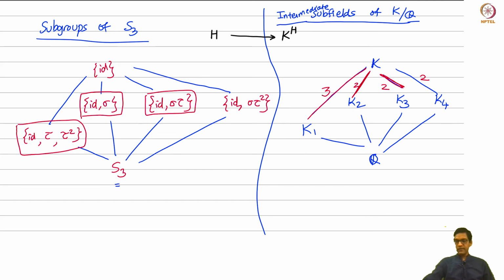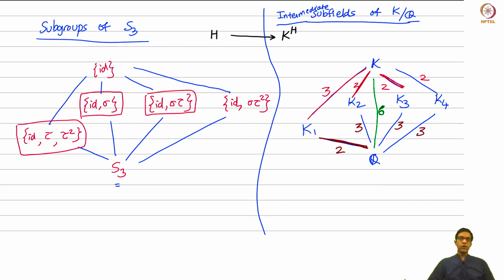Now observe that the total extension K over Q, we already know its degree. That was the original Galois extension, whose degree was 6. So we can calculate the degrees of these other extensions by using the tower property. For example, going from Q to K1 to K, the total degree must be 6, therefore this must be 2. Since the total must be 6, these three must all be 3's.